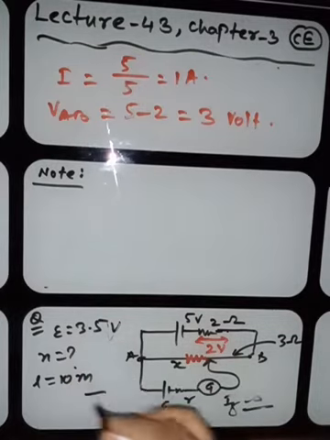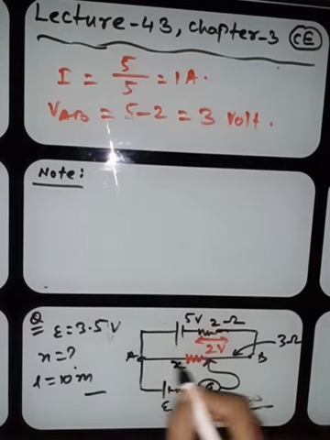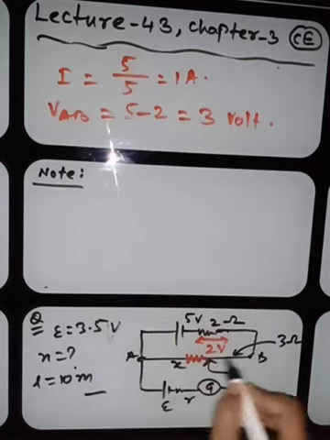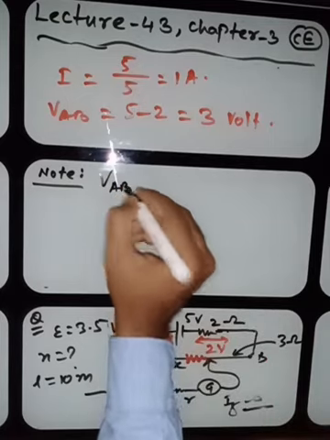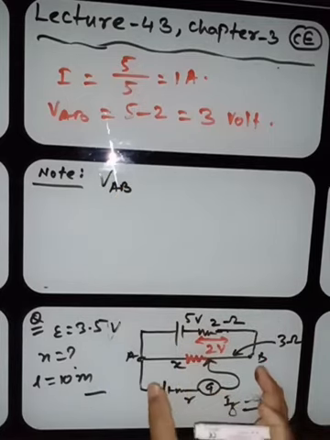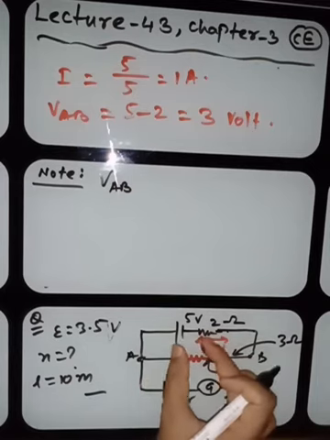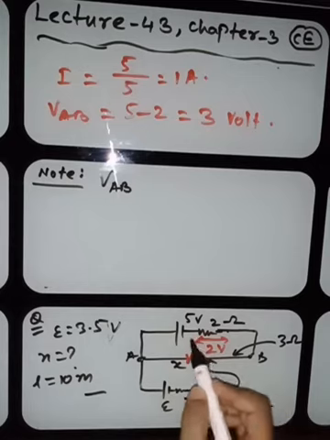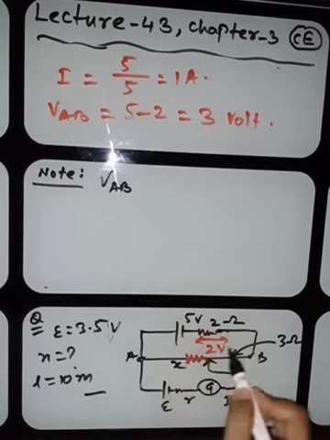But the very important note point: the potential across the two ends of the wire, that is VAB, the potential drop across the ends of the wire. You can also write this is the potential of the driving cell, but not only the driving cell, because you have to study the net potential.